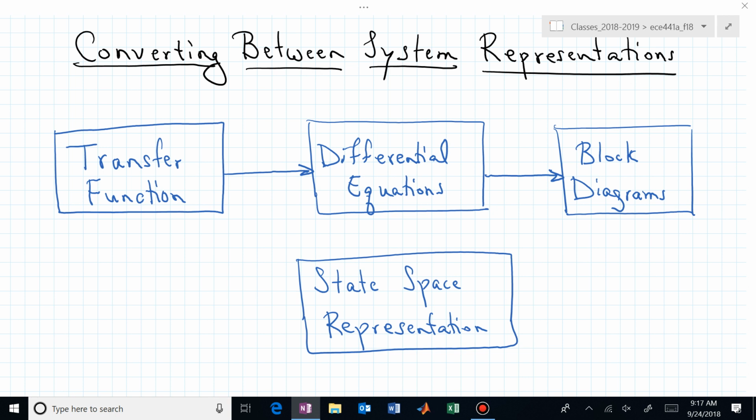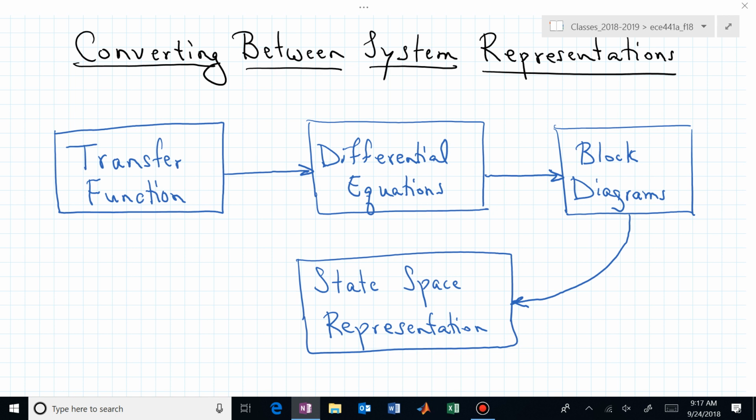And we can put that into the frequency domain if we want as a block diagram. What we will work on next is taking that block diagram and creating a state space representation from it. So here's one way.